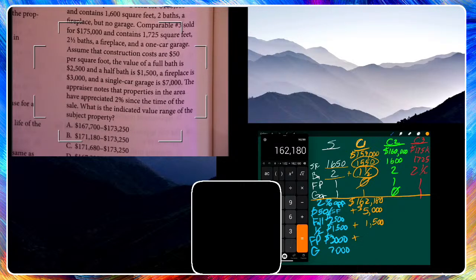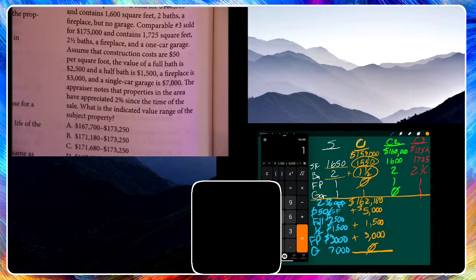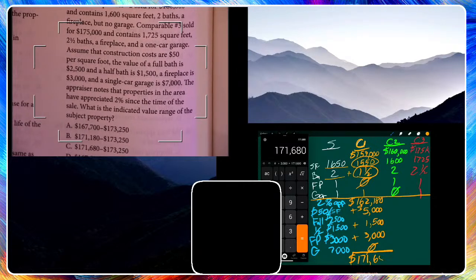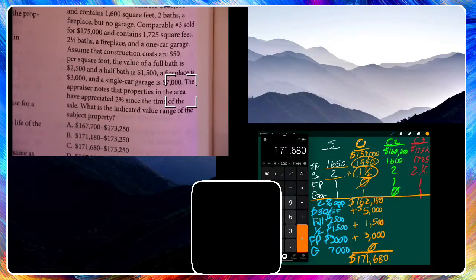We need to add 3,000 for the fireplace. The garages are the same, so we don't need to do anything about the garage. And when we total this up, starting with our 162,180, we add the 5,000, we add the 1,500, we add the 3,000. That gives us an adjusted sales price of 171,680. Good?